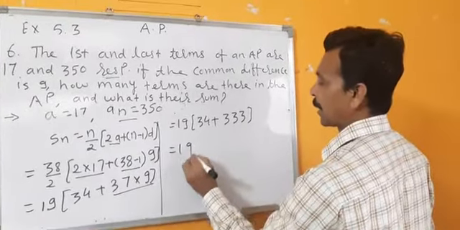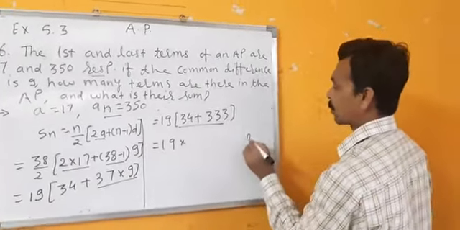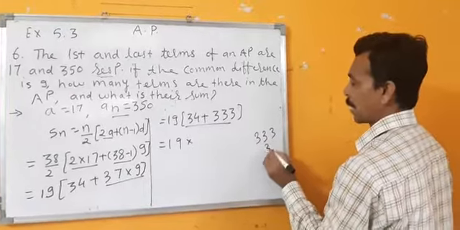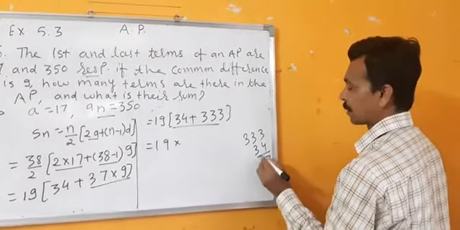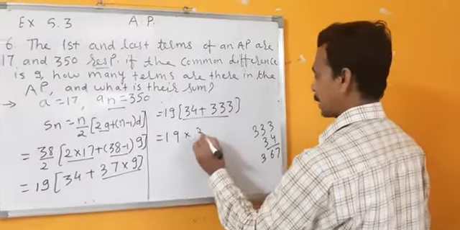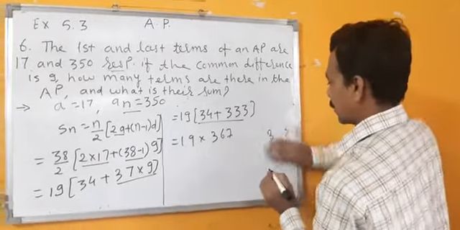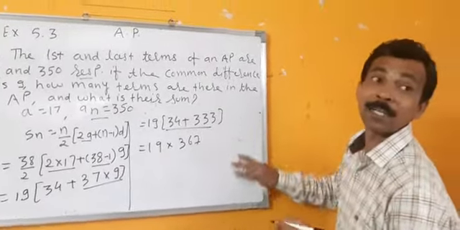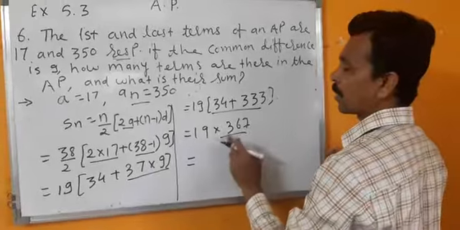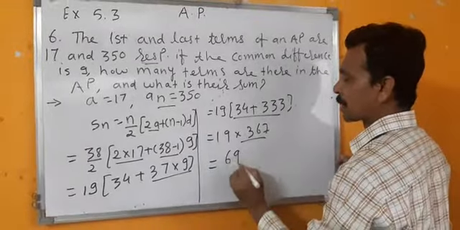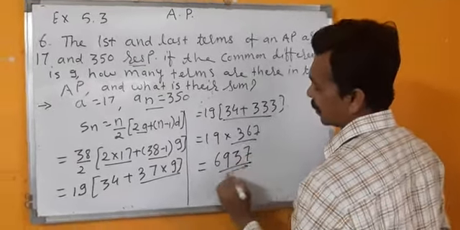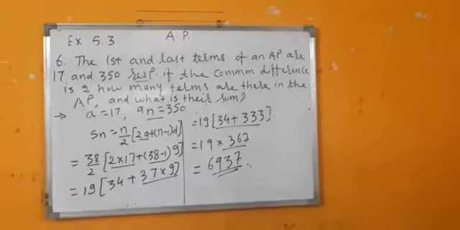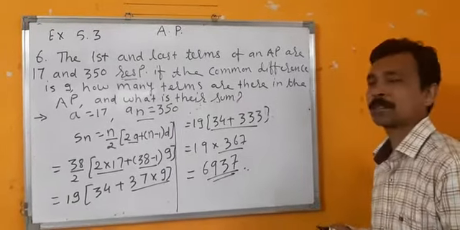Is equal to 19 into the addition of 333 and 34, that is 367. Now we multiply 367 into 19. If you multiply these two numbers, we get 6937. 6937 is the answer.